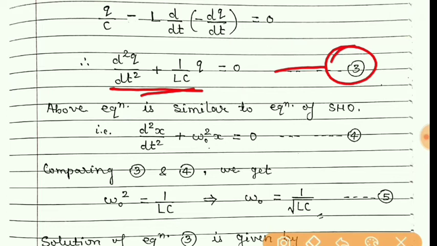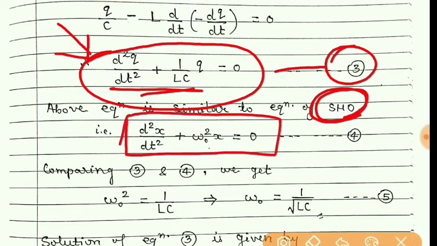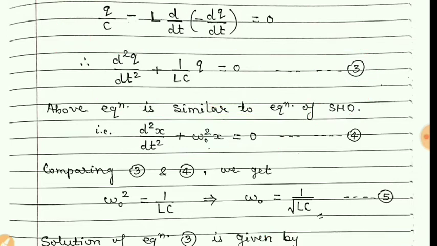Now students, this equation which we obtained for the charge is a second order differential equation of charge, and this equation is similar to that of a simple harmonic oscillator. The equation of simple harmonic oscillator which we studied in 11th standard is given by this. So now you can compare. The simple harmonic oscillator equation for mechanical oscillation is in terms of x, and here the equation is in terms of q.